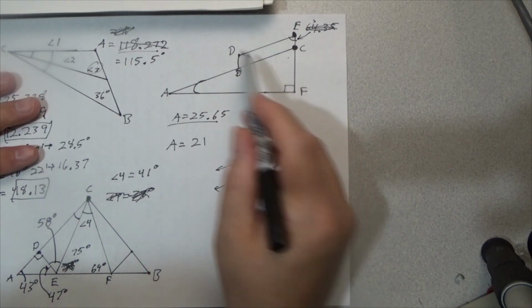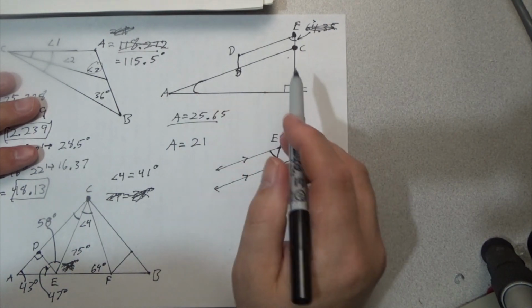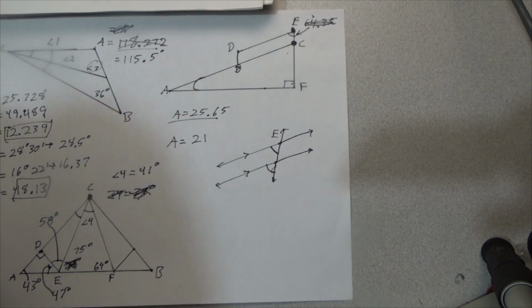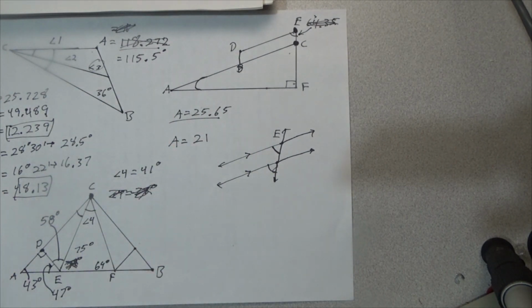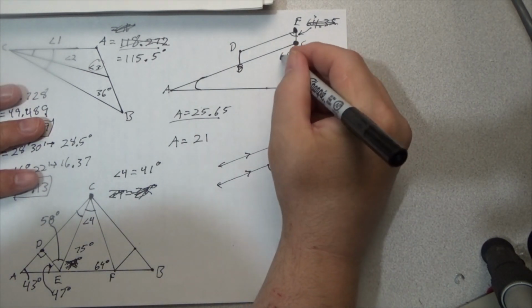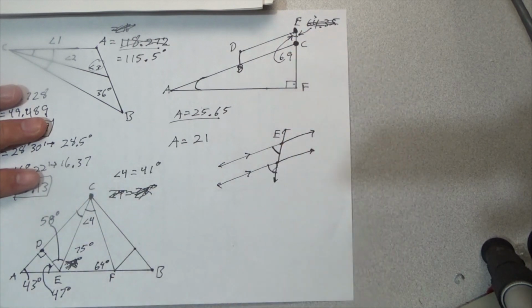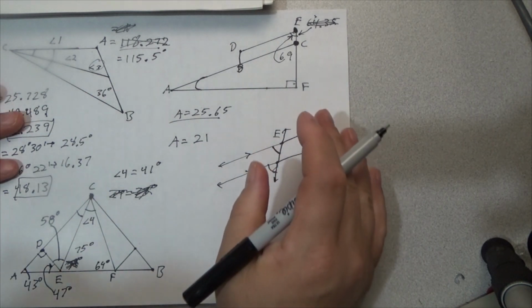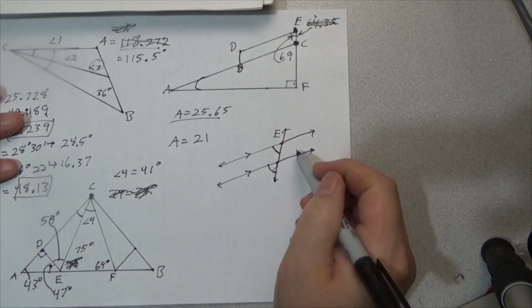So we take 180, subtract 90, and then minus 21. And we get 69. So that means that angle C is 69, and angle E is going to be the same thing.